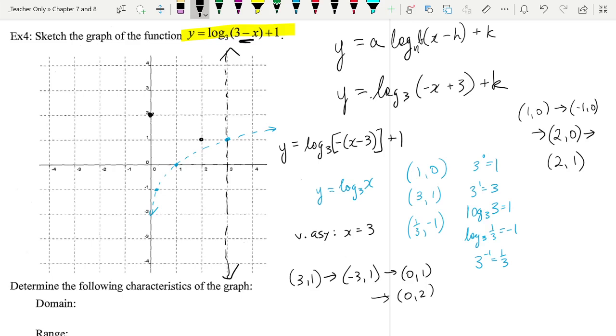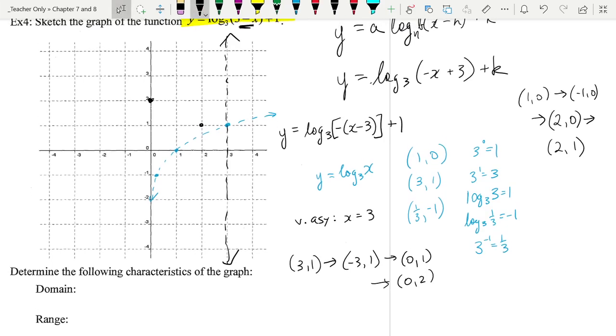And one more. This is the toughest one because I have to work with a fraction. We start with 1/3, -1. The x values become their opposite because we're reflecting in the y-axis. So -1/3, -1. That's supposed to be a negative, but I didn't draw it very well. There we go. Then we shift it 3 units to the right.